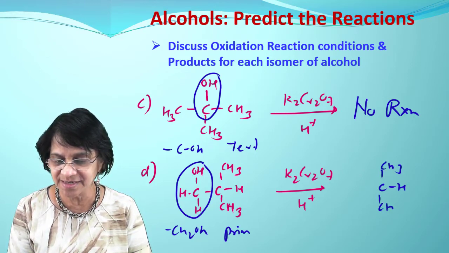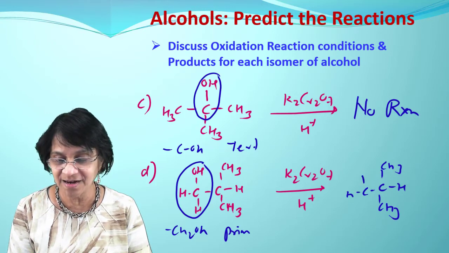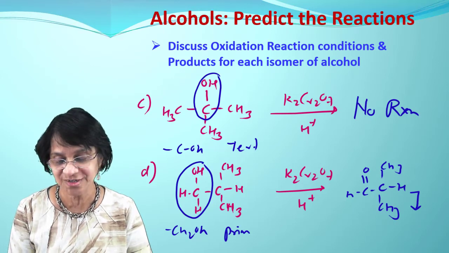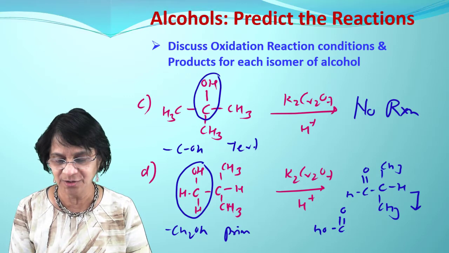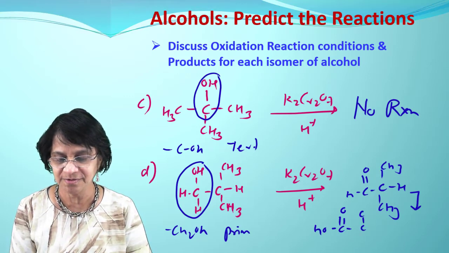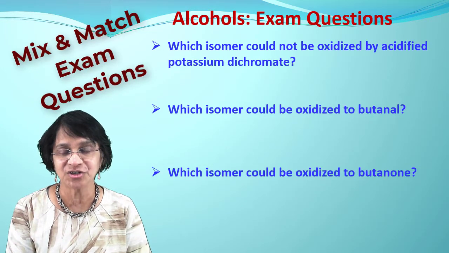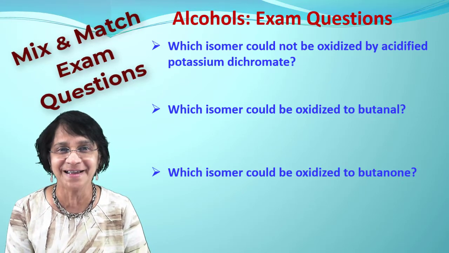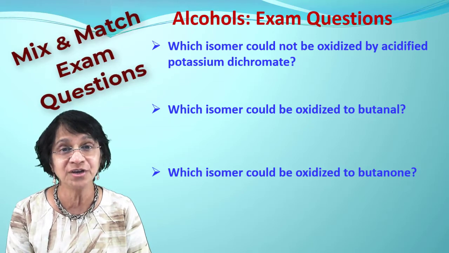Everything else remains the same, and we are going to get an aldehyde. If we continue the oxidation further, that aldehyde group is converted to the carboxylic acid. So now you know the naming of structural isomers, how each alcohol can be identified as primary, secondary or tertiary, and how they're going to react.